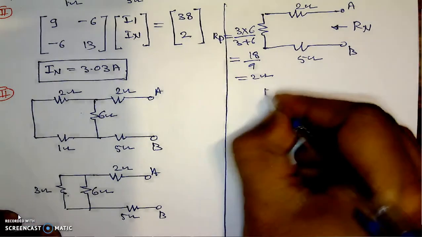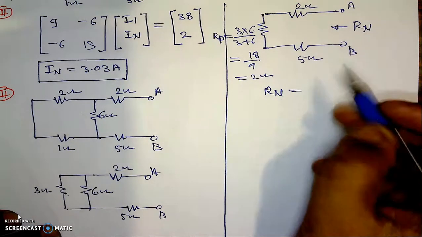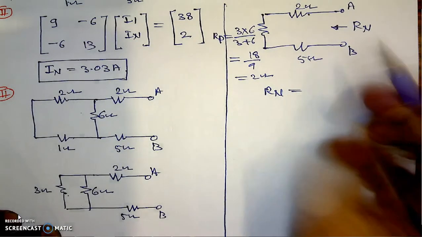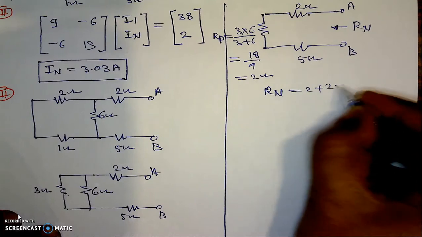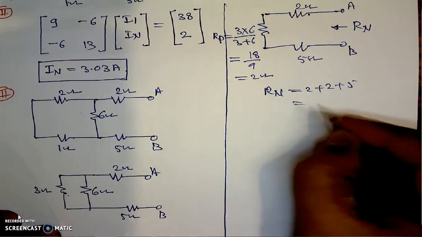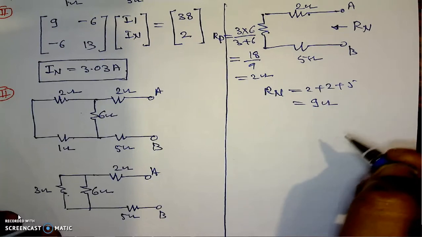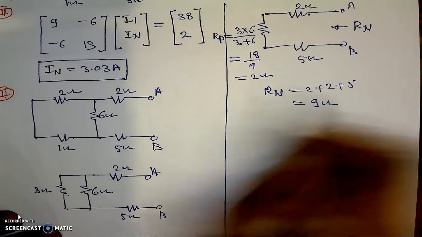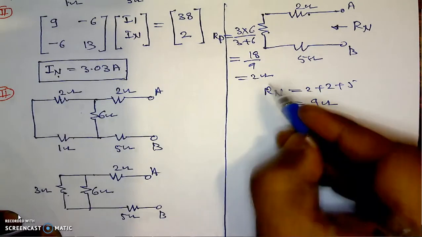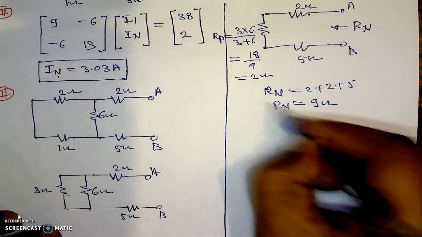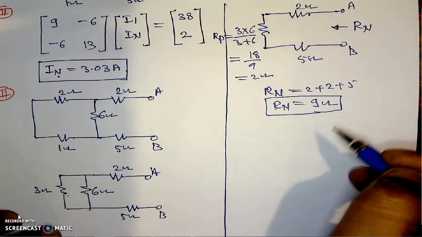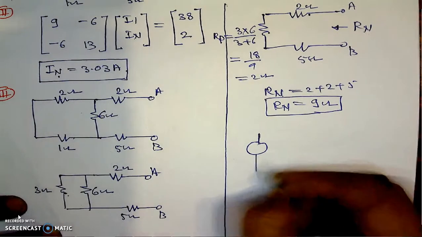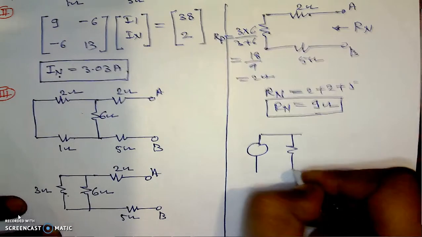Now if we find Rn, it is equal to 2 ohm plus this 2 ohm plus this 5. This is 2 plus 2 plus 5, which is equal to 9 ohm, the Norton's resistance. Now if IN and Rn are known, then the complicated network will be replaced by the Norton's equivalent network.